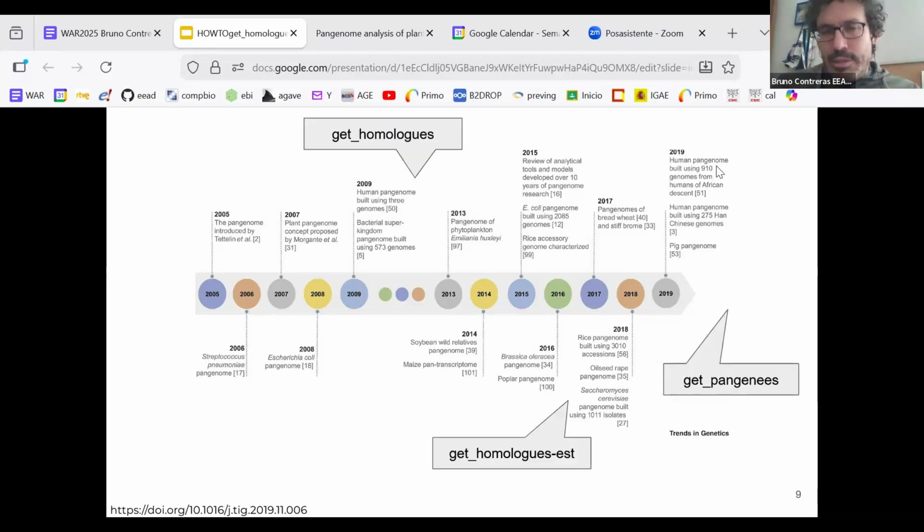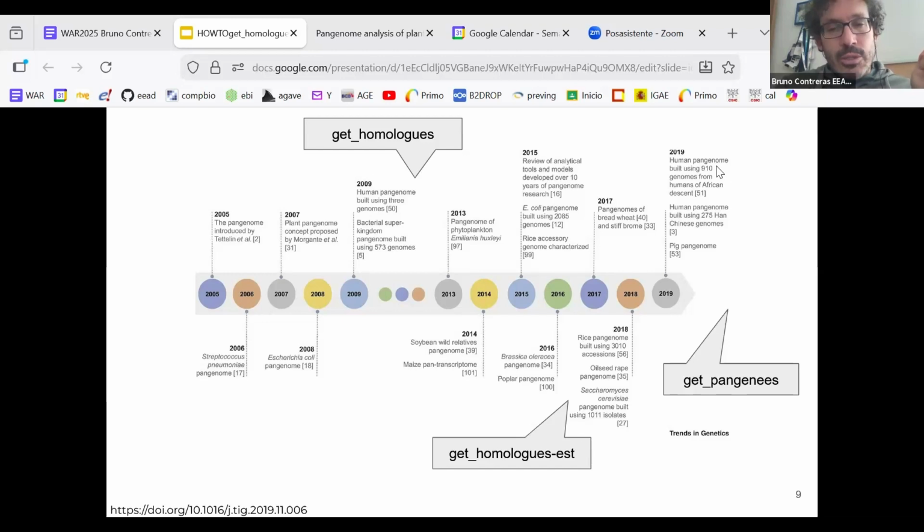In this timeline, I show here the 3 software tools that we developed over the years, more or less at the time they appeared. So the first one is GET_HOMOLOGS, which was developed with bacterial studies in mind.